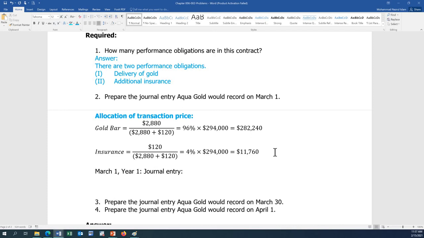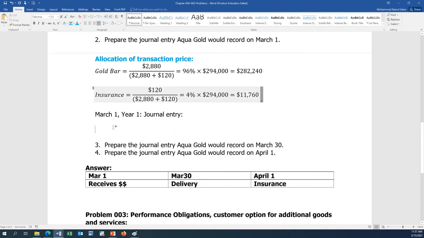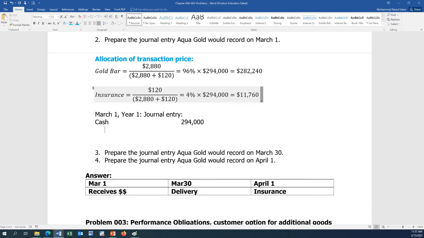Okay, and now on March 1, year 1, the journal entry would be: what has happened on March 1? We have received cash. So now cash debit 294,000, then unearned revenue, you can also say deferred revenue.